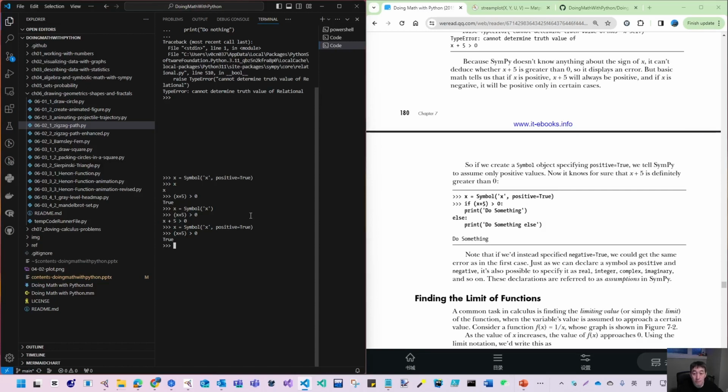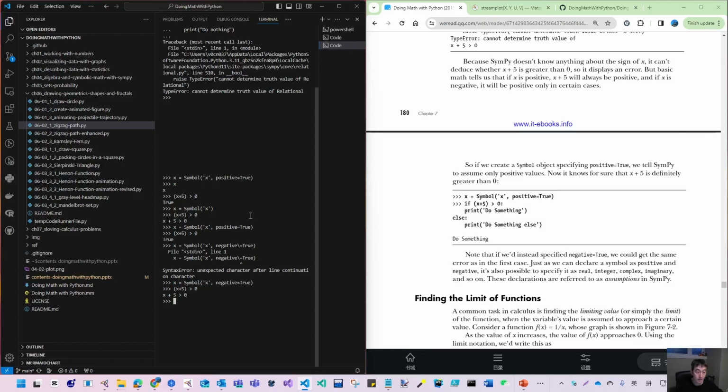But if I put negative, oh sorry, then I can only get our expression because it's not able to deduce.